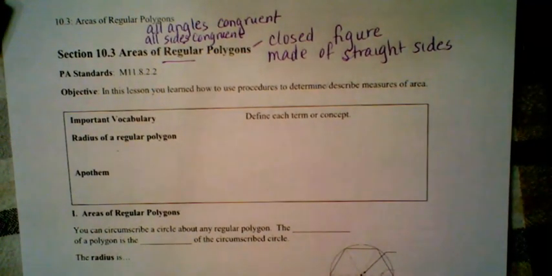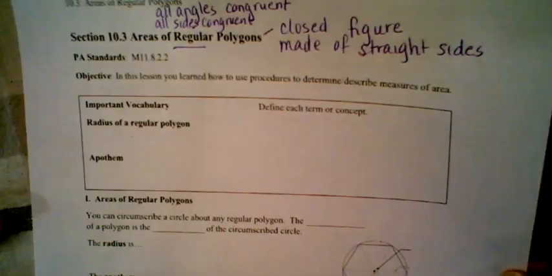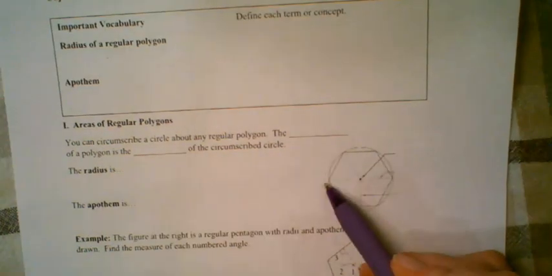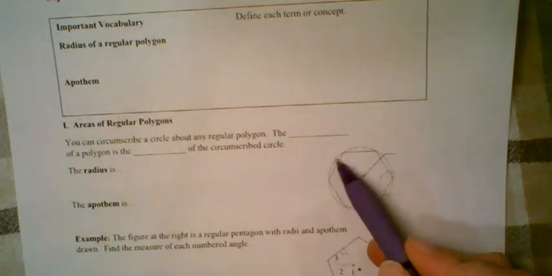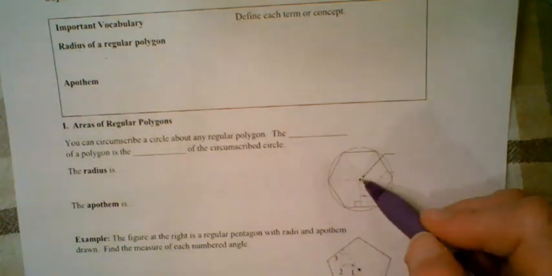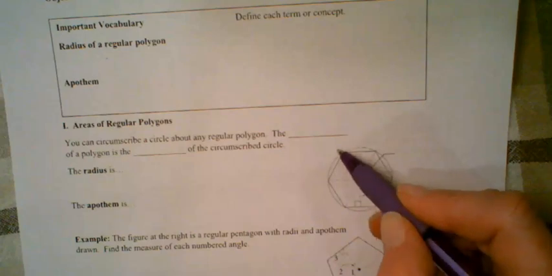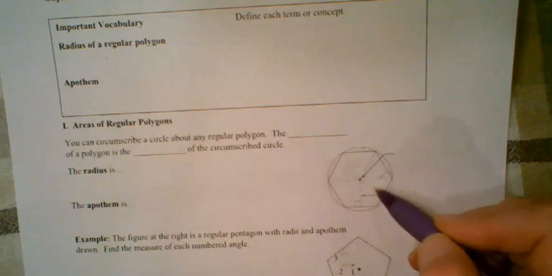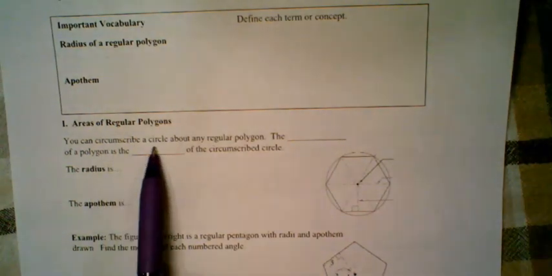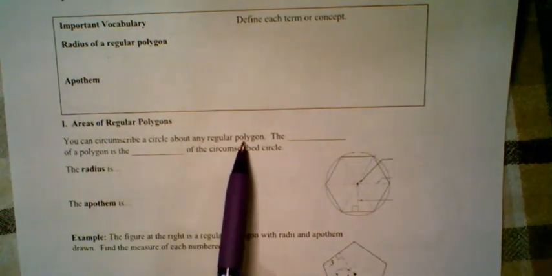But when we're finding the areas of these regular polygons, what we need to do is pretend that we're putting a circle around the outside of it, okay? So that we could use the radius of the circle to help us do our calculations. So it says you can circumscribe a circle about any regular polygon.